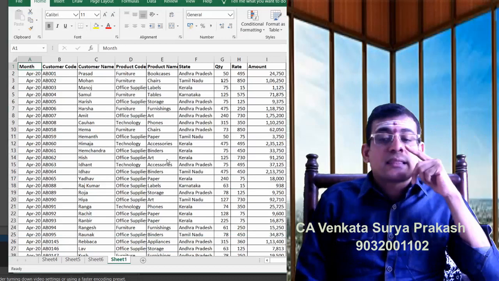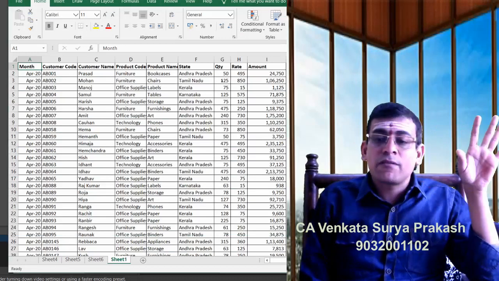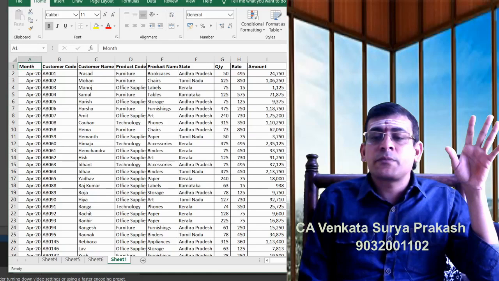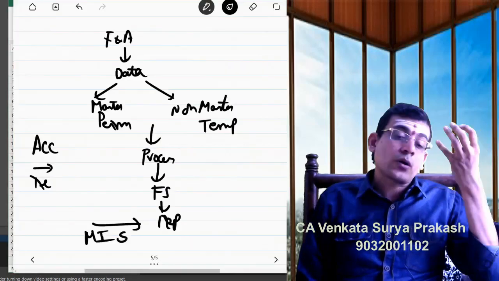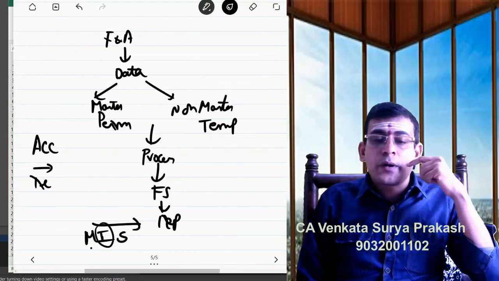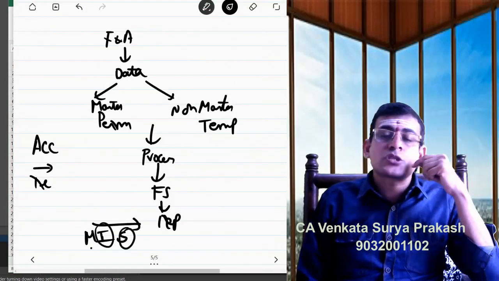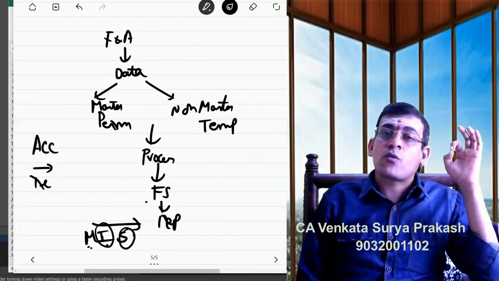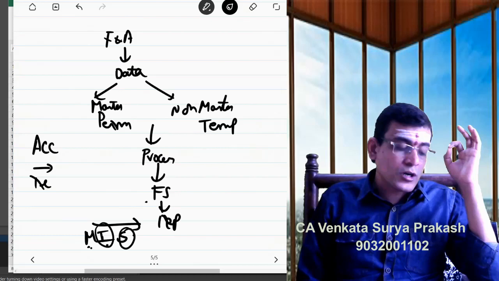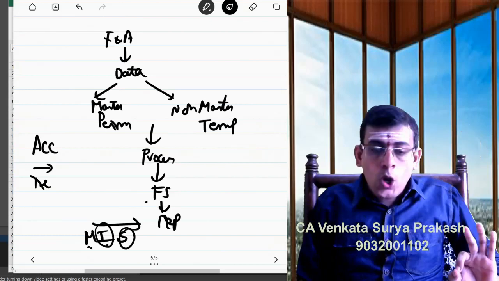The person who does this activity is called a management accountant. Whatever information is required by the management, you set up a system so that the data is converted into the information which is required by the management to take decisions. That is the role of MIS.